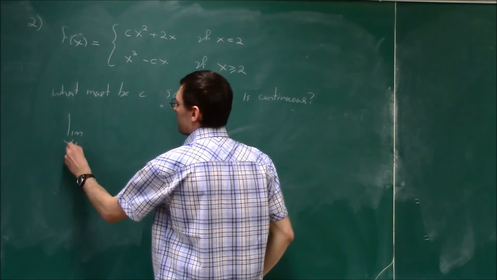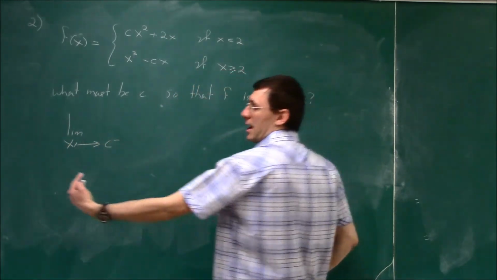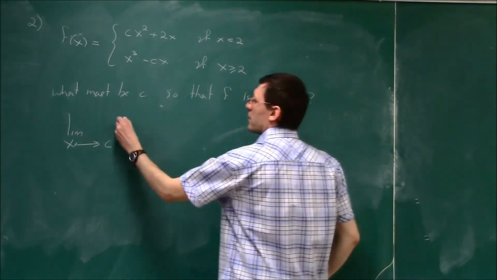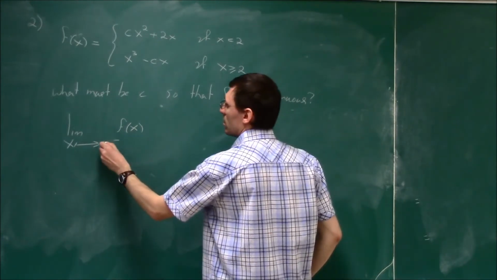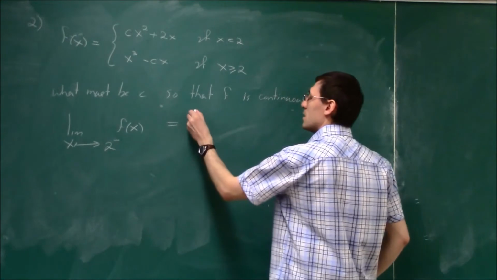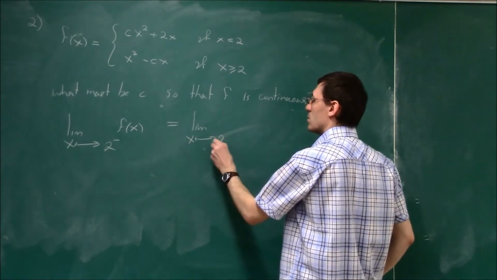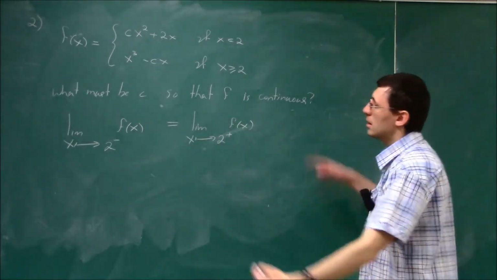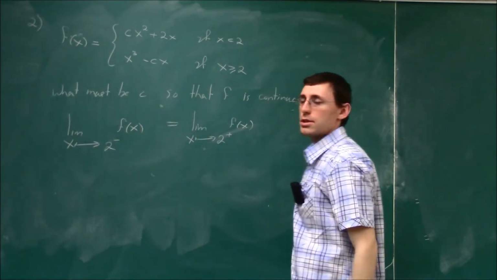If I push along this curve from the left of f of x, not to c, but really to, my apologies, to 2, I should be approaching the same position as when x goes to 2 from the right. That must hold if the two pieces, the two wires, merge in the same location.